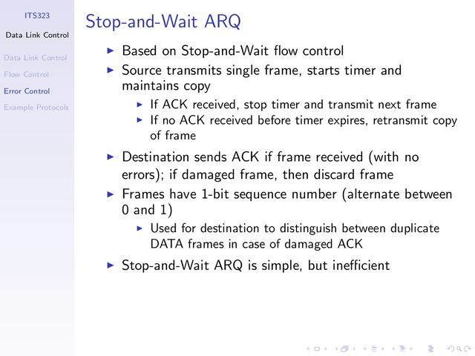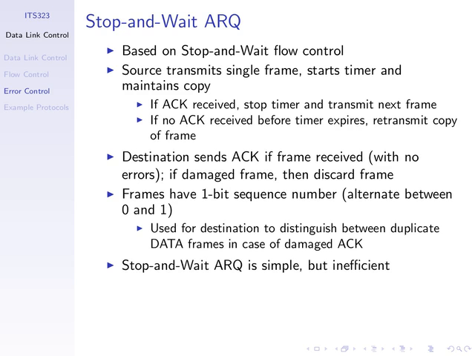Based on stop and wait flow control, send a frame, wait for an ACK. Once we receive that ACK, we can transmit another frame. But now, when we send a frame, the source starts some timer because we expect to receive the ACK within some timeout period. So that's the new thing here.